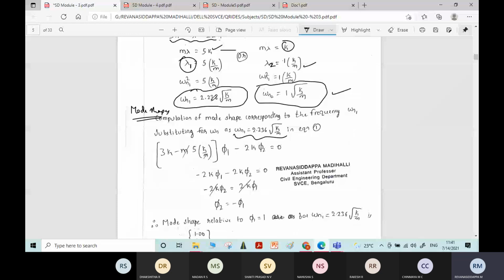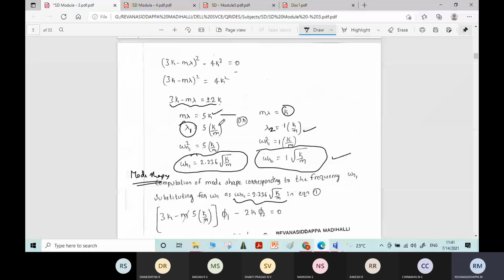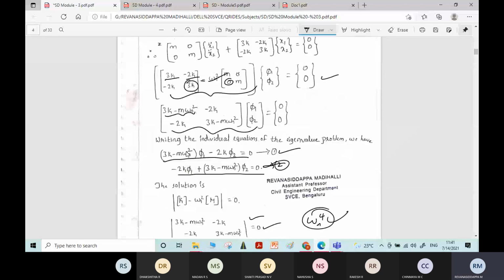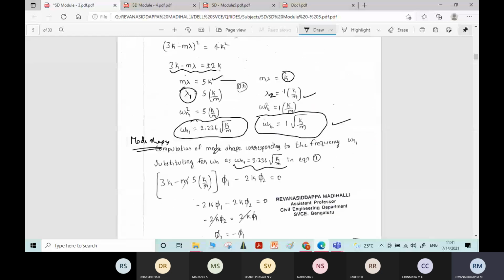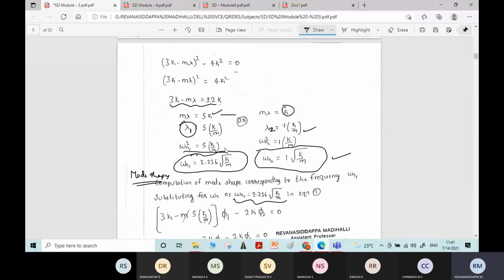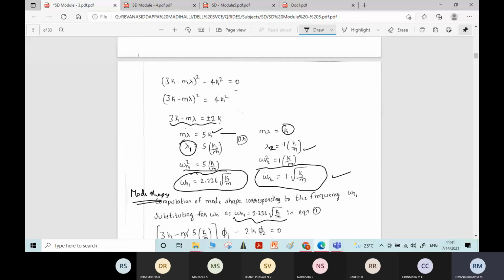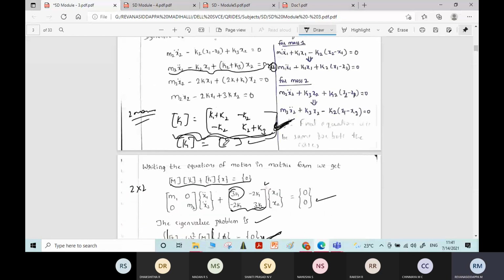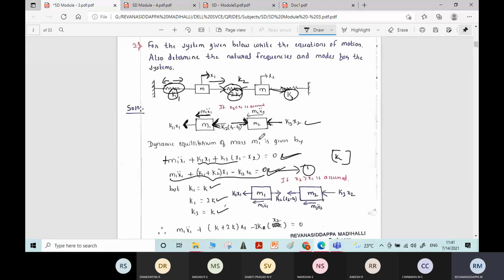That omega n1 square value will be substituted in this equation. How much is it? Omega n1 square is equal to 5 into k by m. This same value is substituted in equation 1.